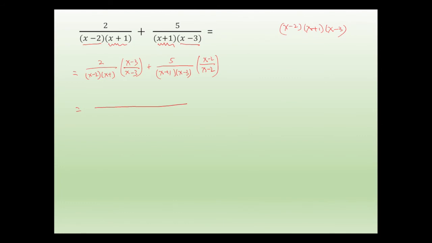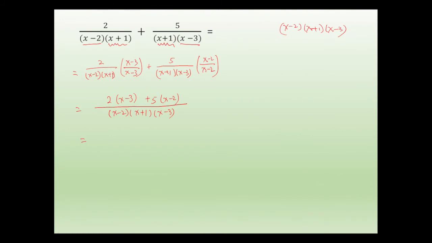Then, we can write the lowest common denominator as (x minus 2)(x plus 1)(x minus 3). Alright, so this term here will be 2(x minus 3) plus 5(x minus 2).